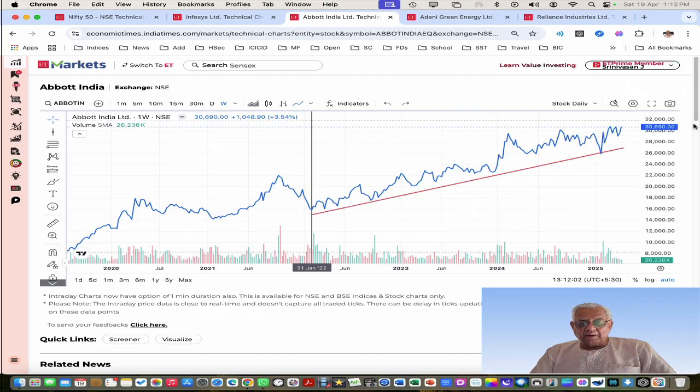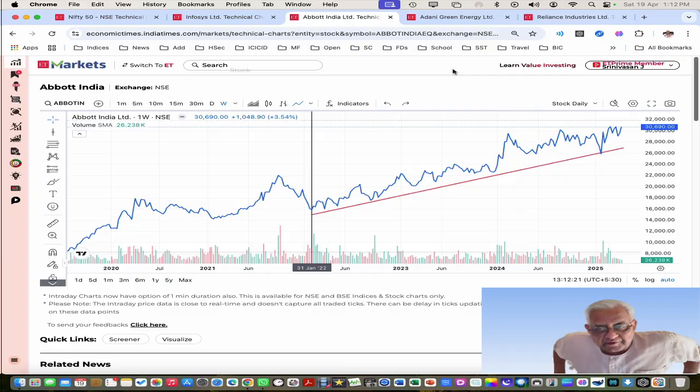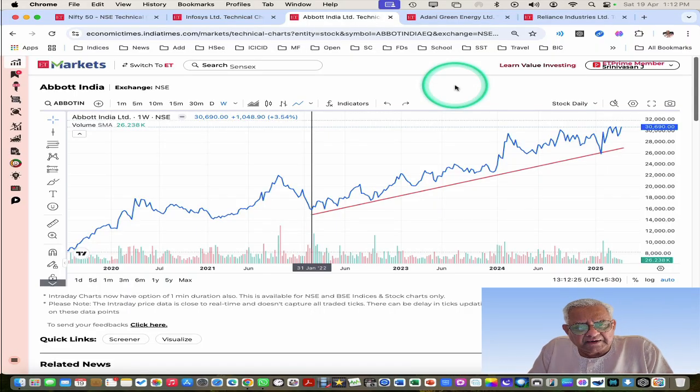Sure, it's gone up and down and so on, but at the same time you've got to see that this chart is a strong chart, and it has in fact defied the downtrend in the Nifty. This is also sometimes called a defensive stock. That means you can file it and forget it, and it may not give you multi-baggers, but it is sort of giving you a steady, handsome return.